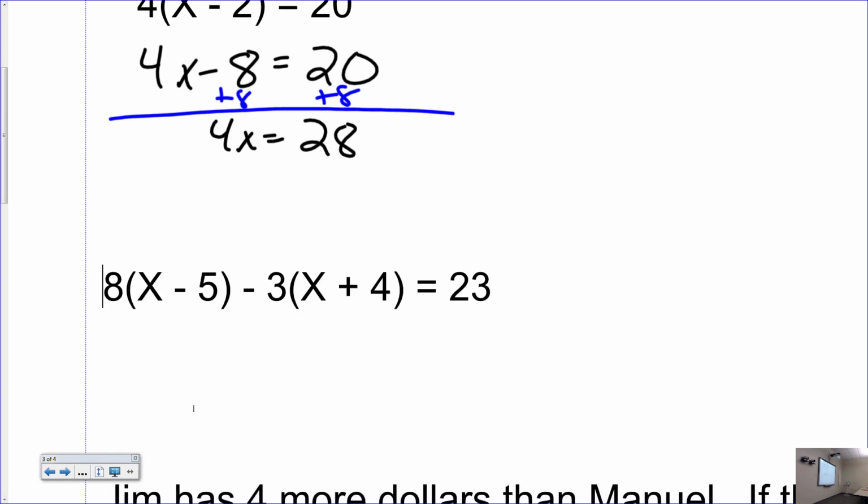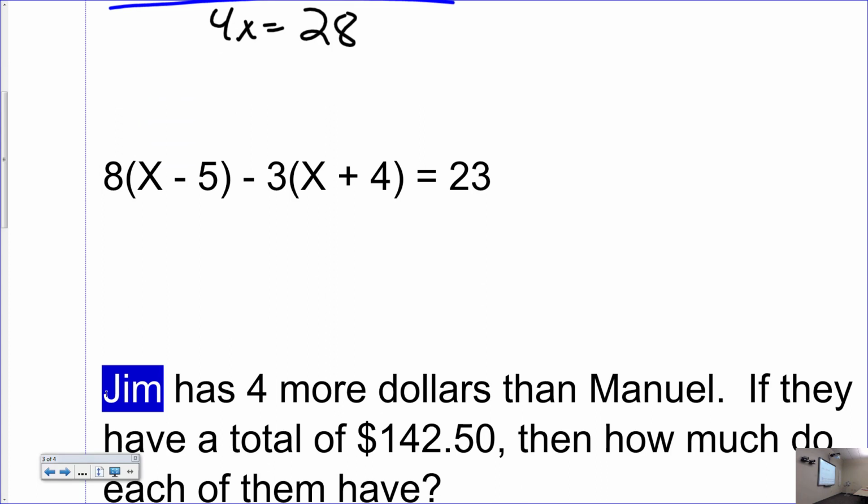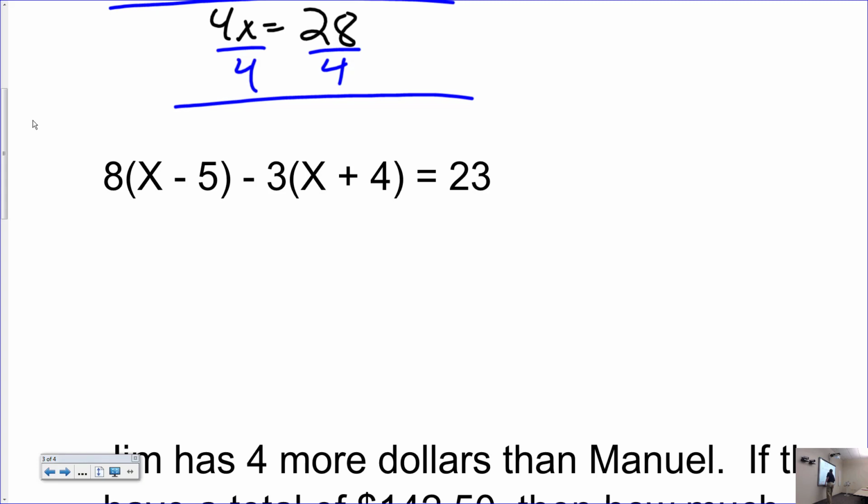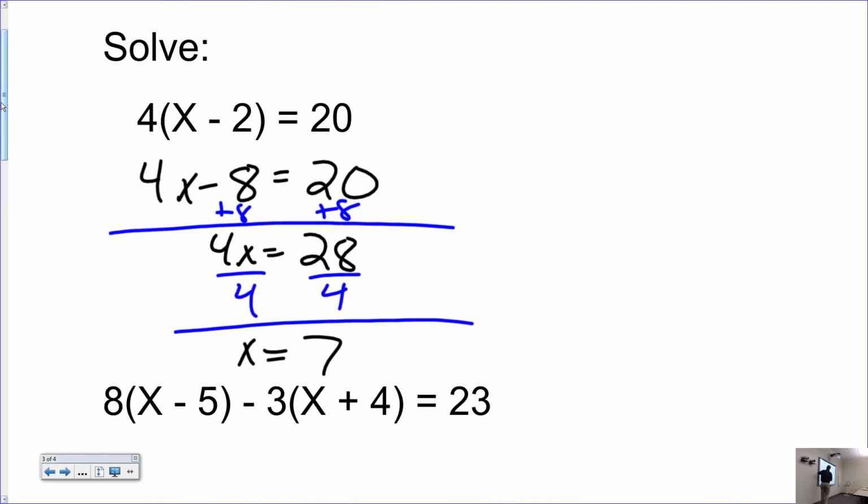And again, my advice, once you get the solution, make a quick glance and make sure it makes sense, right? What's 7 minus 2? 5. What's 4 times 5? 20.